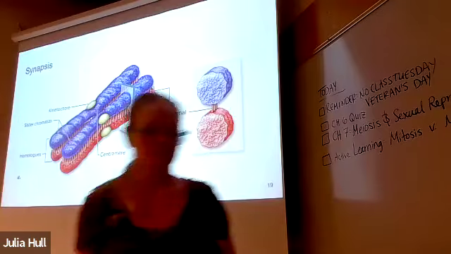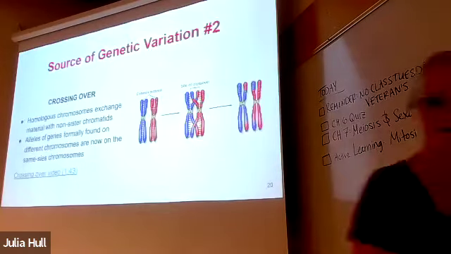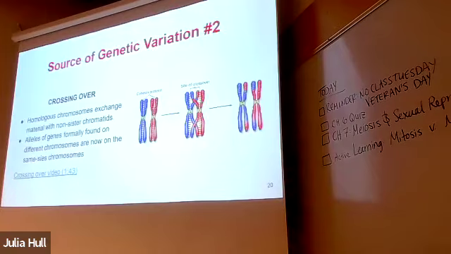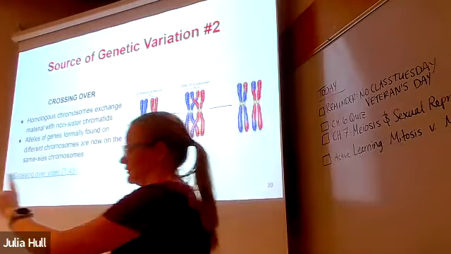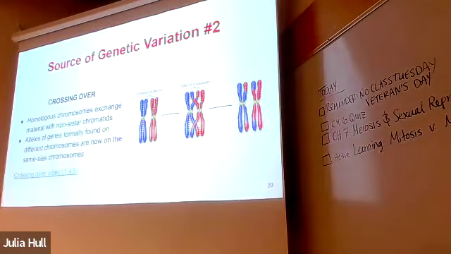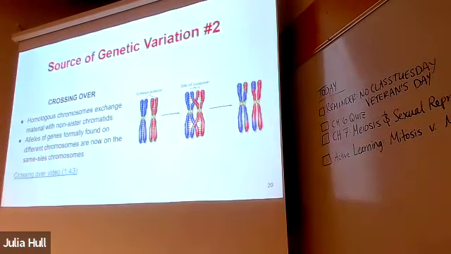Okay. In fact, I think I might have that on the next slide. I do. Okay. Crossing over. This is where we see homologous chromosomes exchange material with, importantly, non-sister chromatids. What do you guys think I mean by non-sister chromatids? They're not identical. Okay.